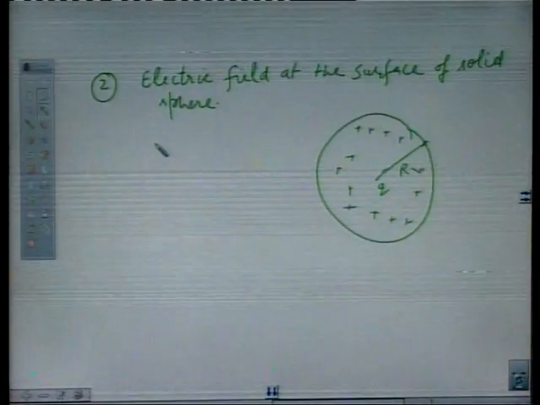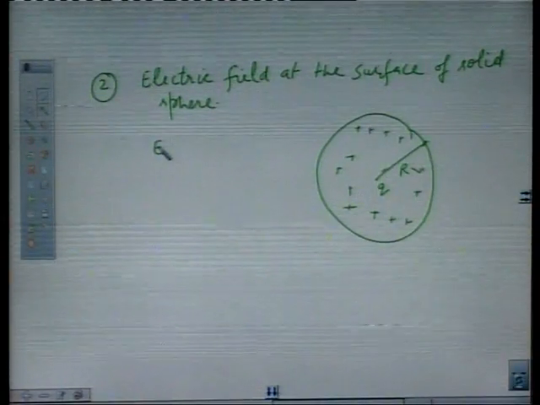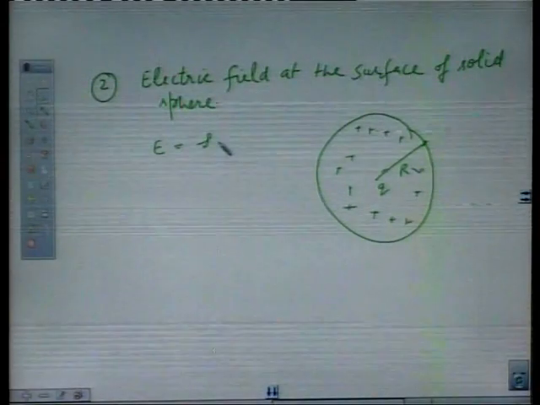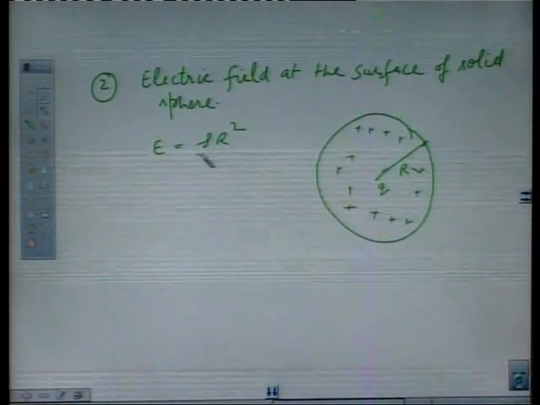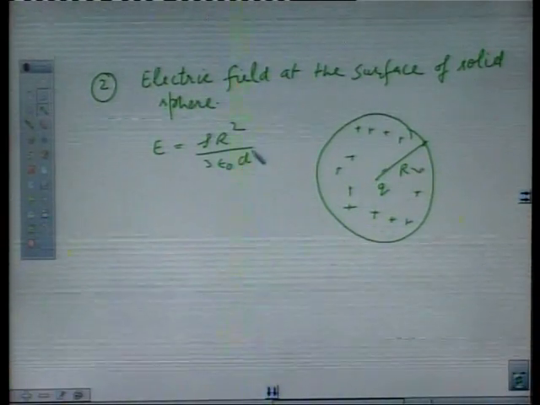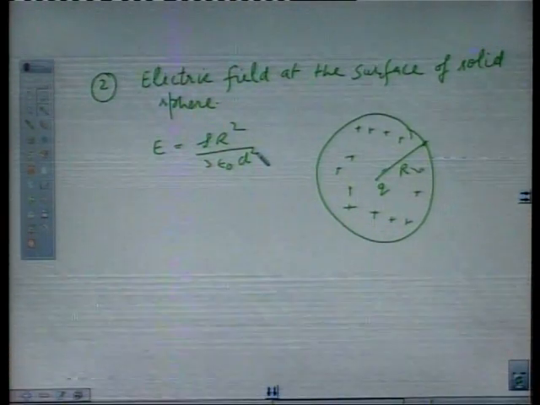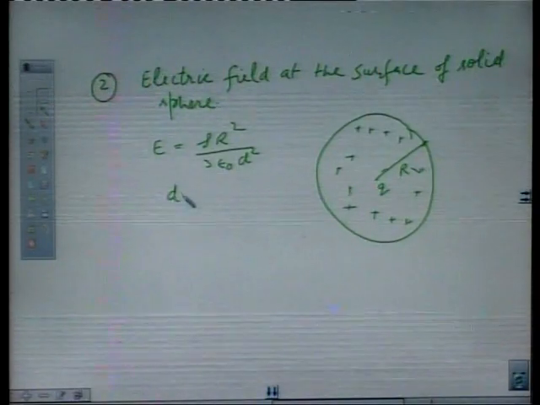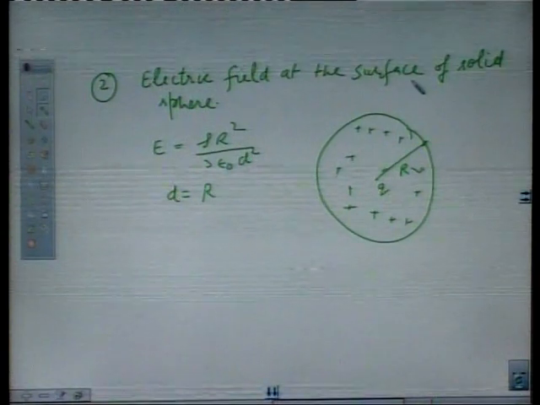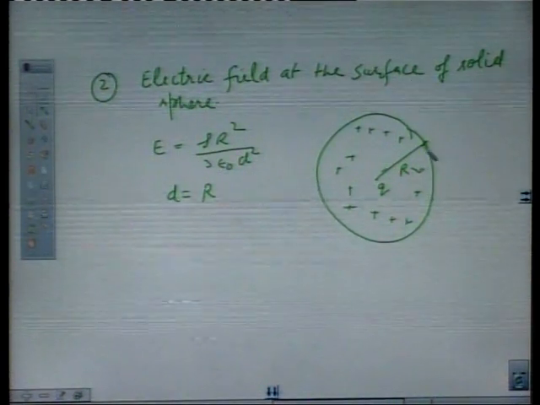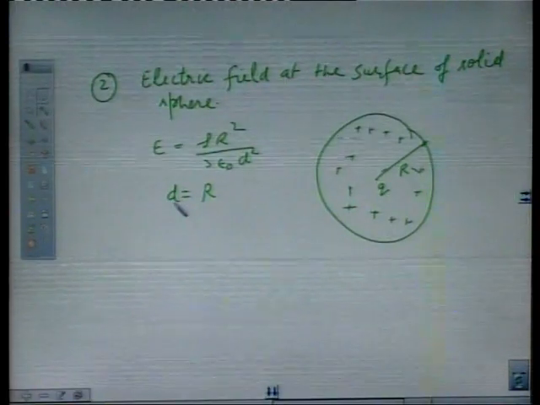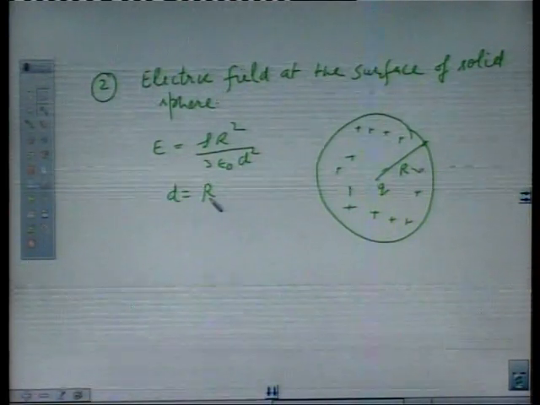Now we have derived the formula for electrical field outside, which is rho into r cube upon 3 epsilon naught into d square. Now in this case d becomes equal to r. The point which was lying outside, now it is at the surface of the solid sphere. So distance d becomes equal to the radius of the sphere.